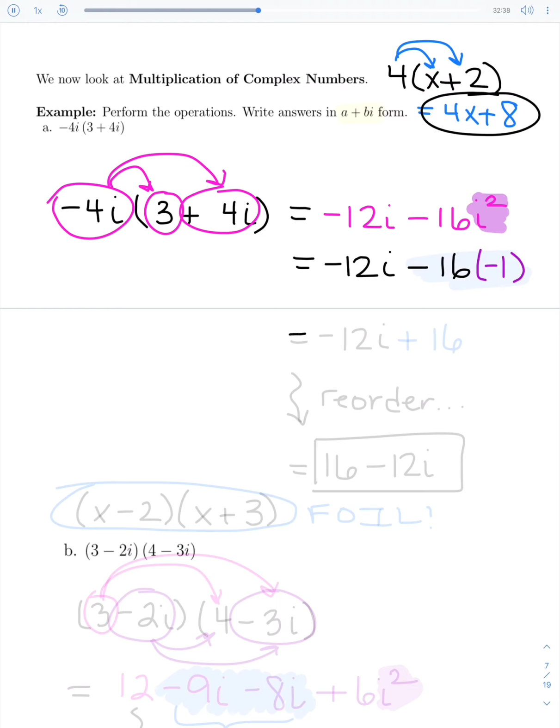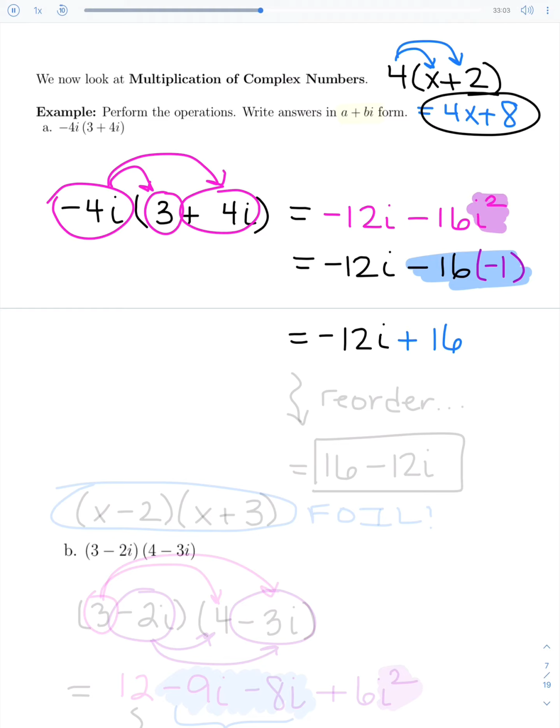So what will happen is I've got my negative 12i. Then we've got a negative 16 times a negative 1. Well, a negative times a negative is going to turn into a positive 16. And this is a perfect example of an issue that you would run into with MyMathLab here.